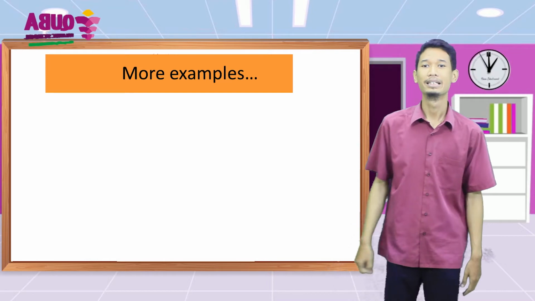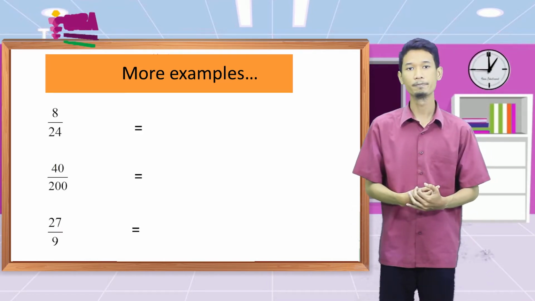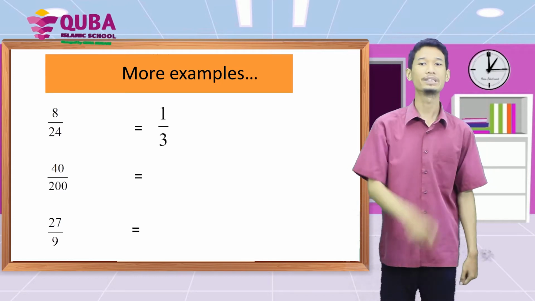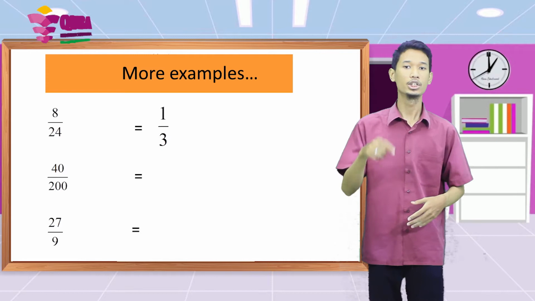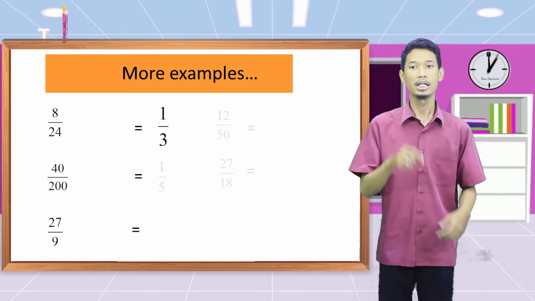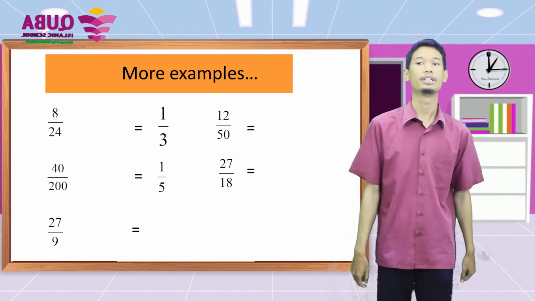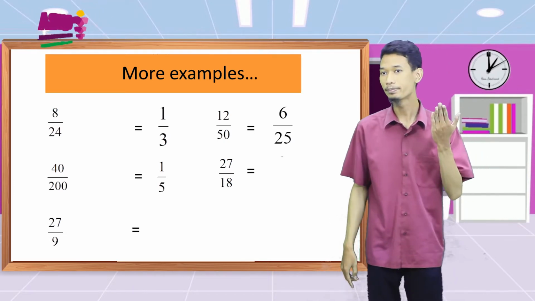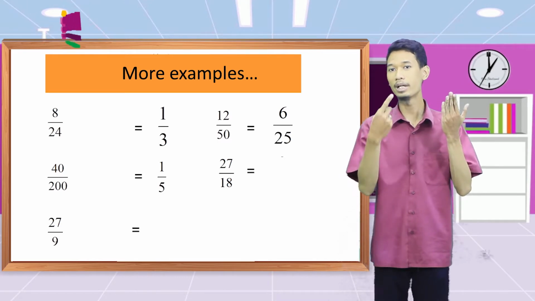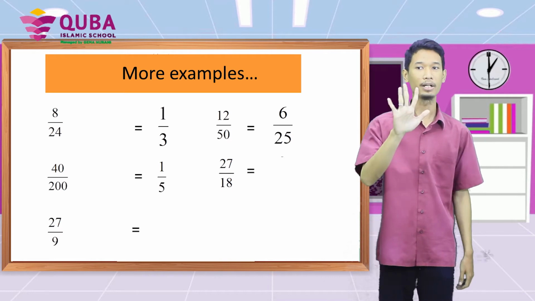More examples. 8 over 24 equals 1 over 3. Right. 40 over 200 equals 1 over 5. Okay. 12 over 50 equals, we can divide them by 2. Right, 6 over 25.